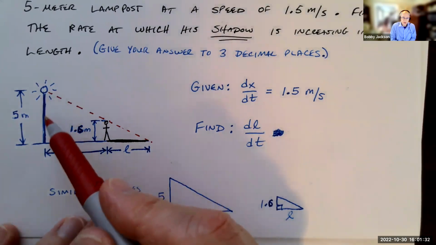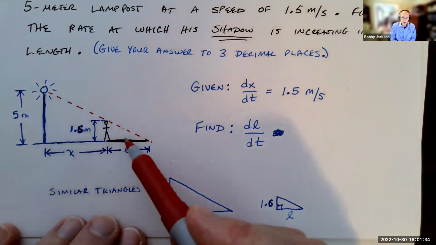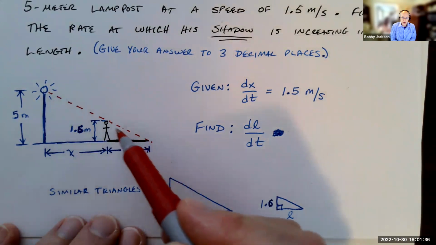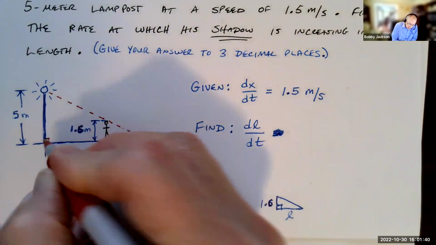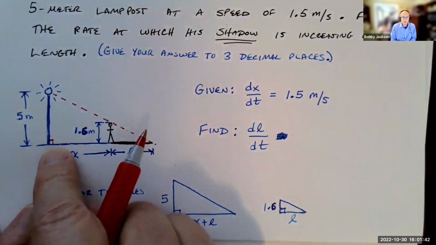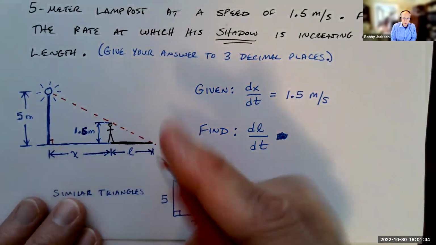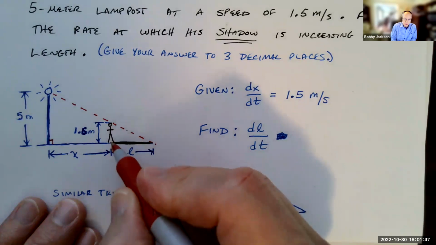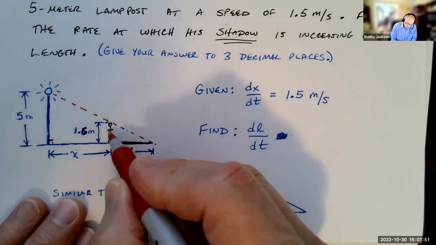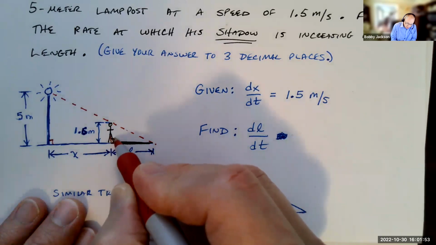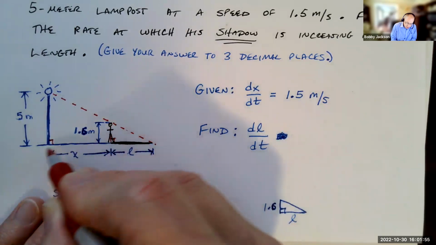If you can tell, we've got a big triangle here with the lamppost all the way to the tip of the man's shadow and back again. That's a big shadow. We're, of course, assuming that this is a 90-degree angle there. But then also the man with his shadow make a smaller but similar triangle. So this would be a right angle right there as well. And these two triangles are similar.